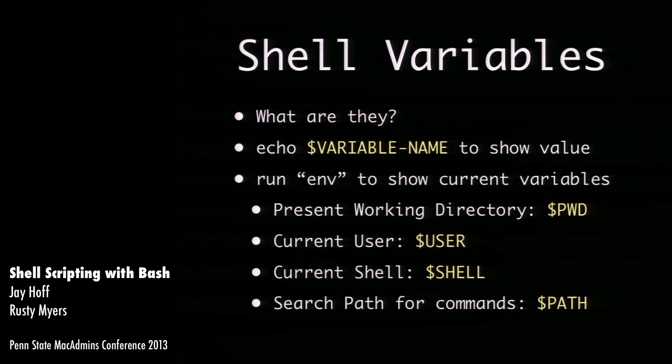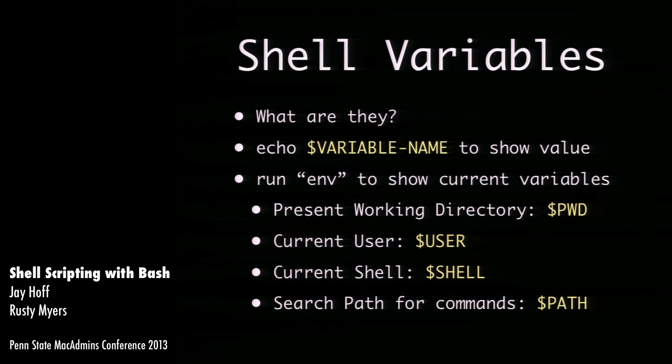Okay, shell variables. Shell variables are traditionally set when you log in. And you can see what some of those are by running a command called env. And you will see the value of it, so you could do echo space $PWD. That echoes out the value of that variable.